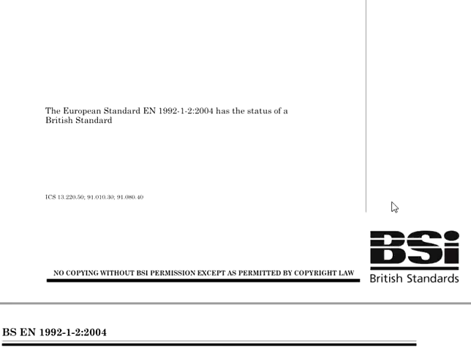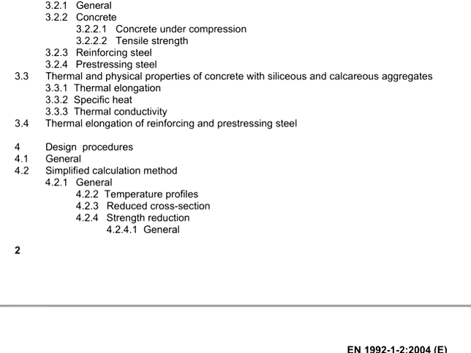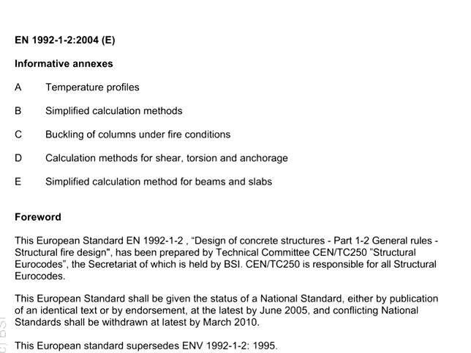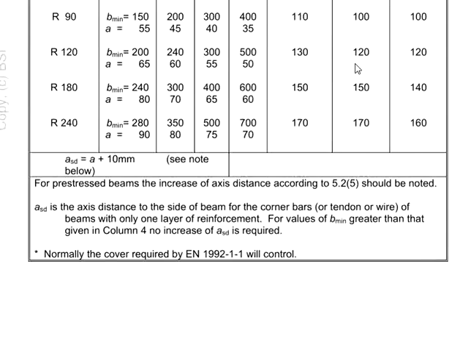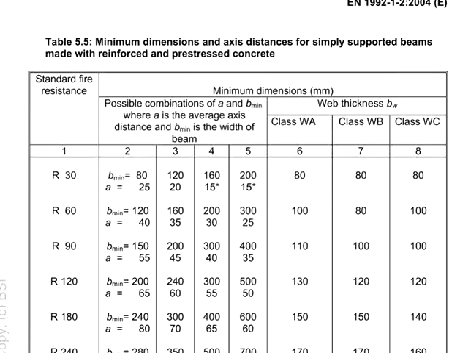If you flip through the Eurocode 2, you will see a series of tables providing the values for the minimum dimensions as well as the axis distance for different types of structural element.